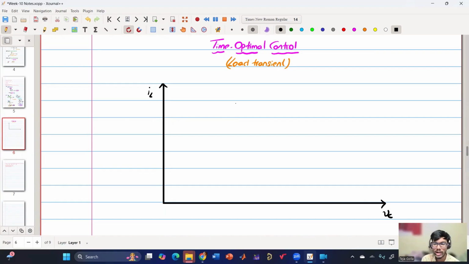So for the load transient, initially say IL1, and the capacitor voltage is what? Output voltage. Output voltage is always regulated. So it will lie on the same vertical line, right? Agree? All of you?